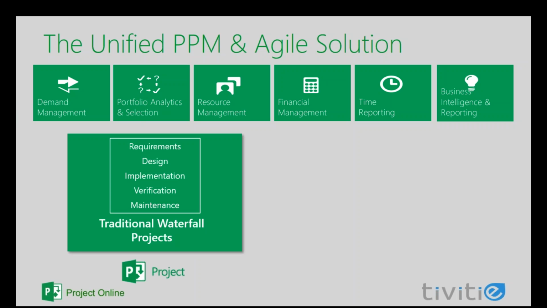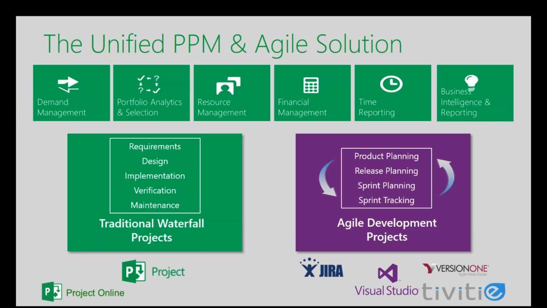So this could be contributed to from both traditional waterfall projects that have a more design, build, test, maintain type of approach that we're used to in the past for different types of, say, infrastructure projects or construction projects or whatever they might be.